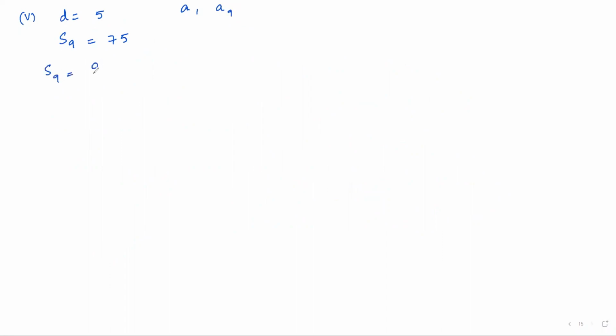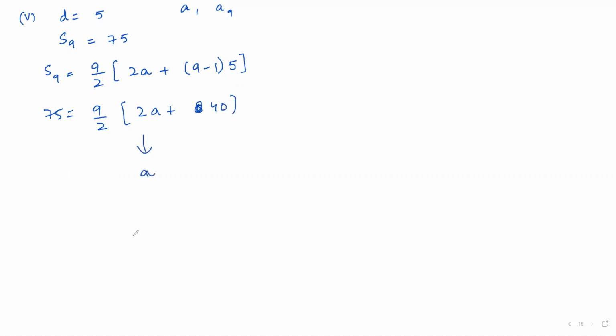S9 is 9 by 2 into 2a plus 9 minus 1 into d, which is 5. So how many variables are there? Only a. S9 is 75 is equal to 9 by 2 into 2a plus 8 into 5, that is 40. So you can solve it for a. Ultimately, you will get a. Then with d, you can also find a9.